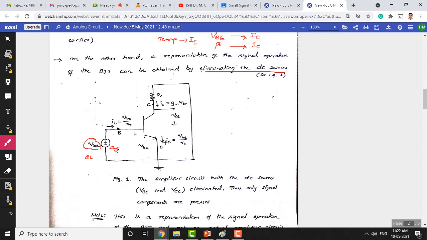Likewise, we have the emitter current, which is vbe by re, where re is the resistance measured between the base and emitter looking into the emitter side.